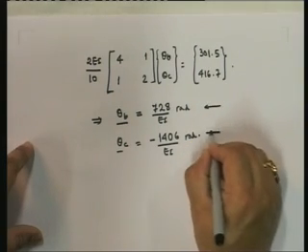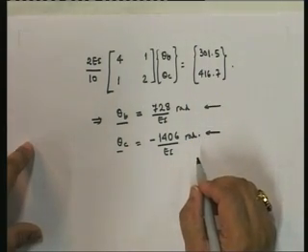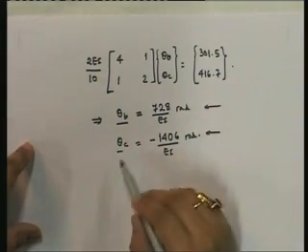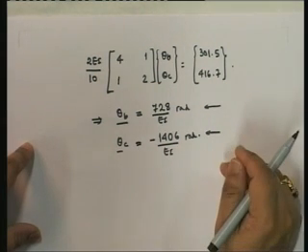I have solved for θB and θC, and I can actually draw the deflected shape now.